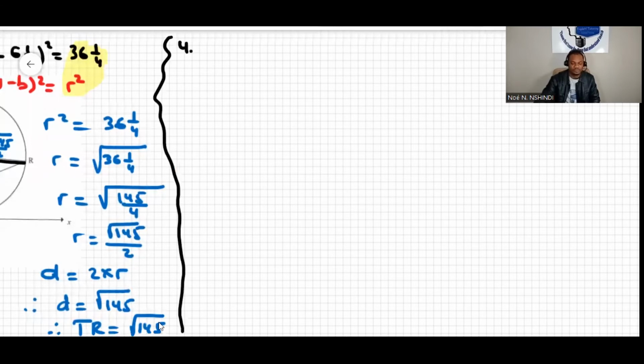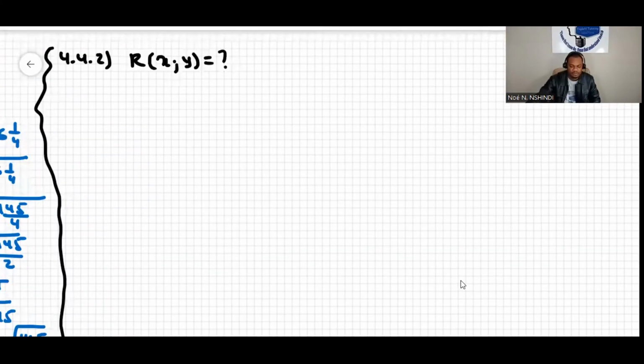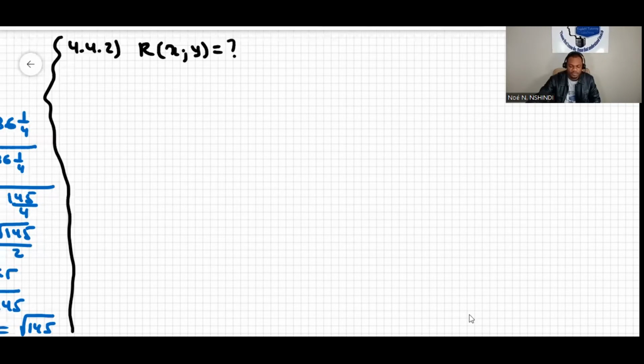So we're doing 4.4.2 that says the coordinates of R. We can put the diagram over here. I want to place my diagram over here.